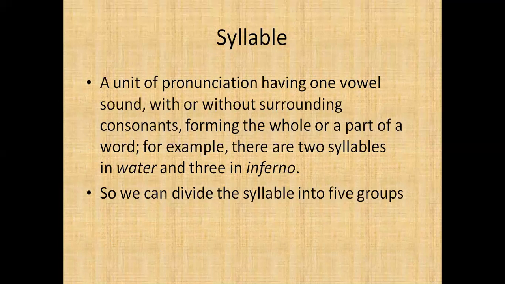A syllable may have consonants or it may not, but the vowel is mandatory, forming the whole or a part of the word. For example, there are two syllables in water. Water: how many syllables are there? Two syllables.